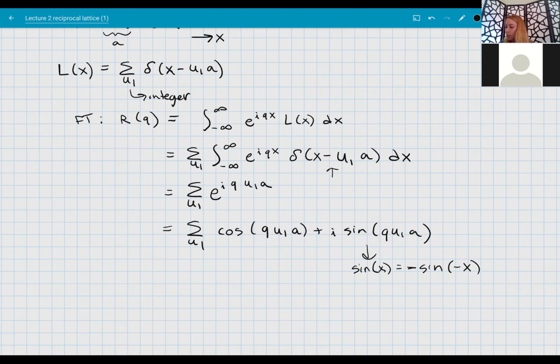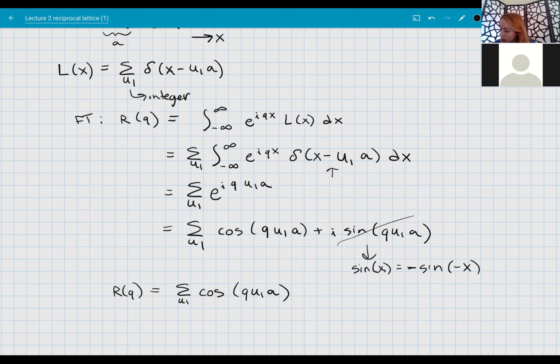So when we have, for instance, sine qa and sine minus qa, those are going to yield a negative of each other, so they're going to add to 0. So we're going to drop the sine terms for that reason, and we are just left with the following. R of Q is equal to the sum over u1 of cosine of Q u1 a. Okay, so at this point, we are almost done.